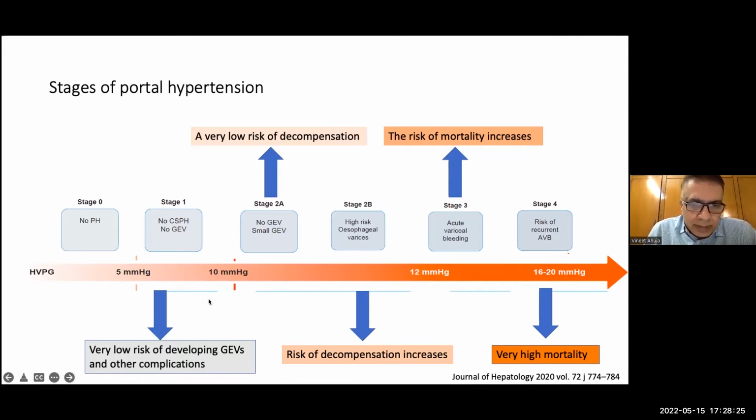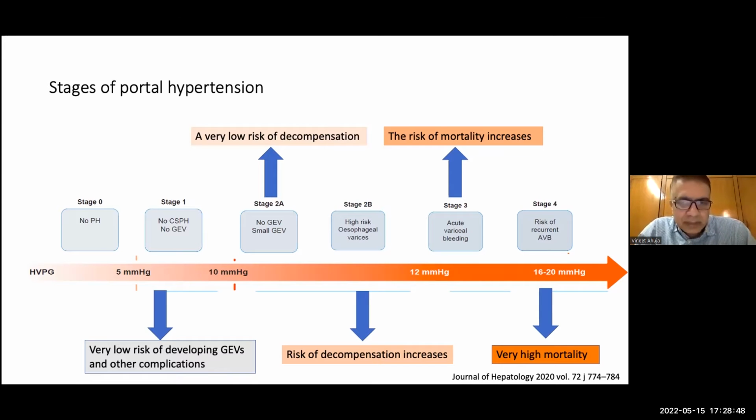When it is more than 10, the patient is said to have clinically significant portal hypertension. After this stage, varices start developing, and the liver may also decompensate. At more than 12 millimeters of mercury, the patient may have an acute variceal bleed, and at 20 or more, the patient is going to have a bad prognosis with very high mortality.